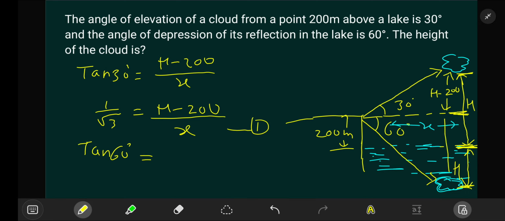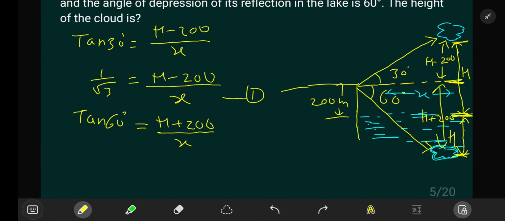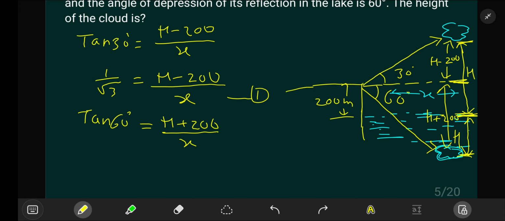So the complete height from the reflected cloud to the surface of the soil is h plus 200, yes or no? So this is h plus 200 whole divided by x, where the adjacent side, the base, is x. Now tan 60 degrees is root 3, that is equal to h plus 200 divided by x. This is the second equation.